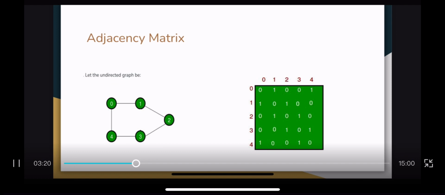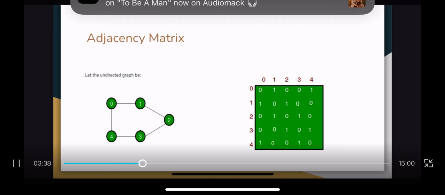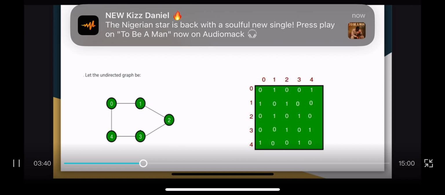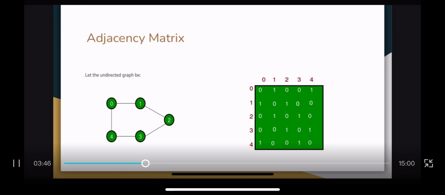Here we have a graph with 5 vertices, labeled from 0 to 4, and the edges connecting them. In our matrix, we have rows and columns labeled with the vertex numbers from 0 to 4. A value of 1 in the matrix means that there is an edge between the two corresponding vertices. Otherwise, a value of 0 means that there is no edge between them.